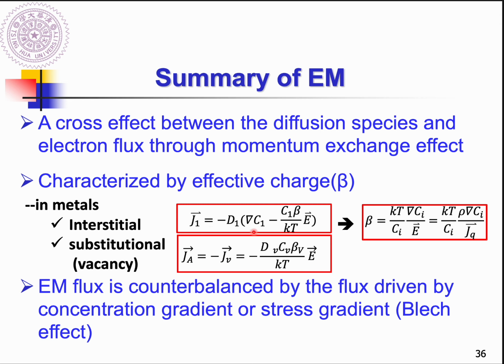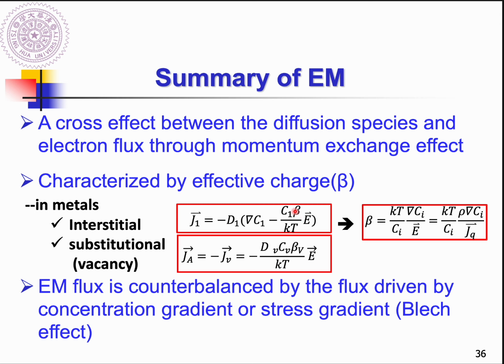The first one is due to the concentration variation of these interstitials, and the second part is mobility, concentration, and driving force due to the electrical field applied on these materials.